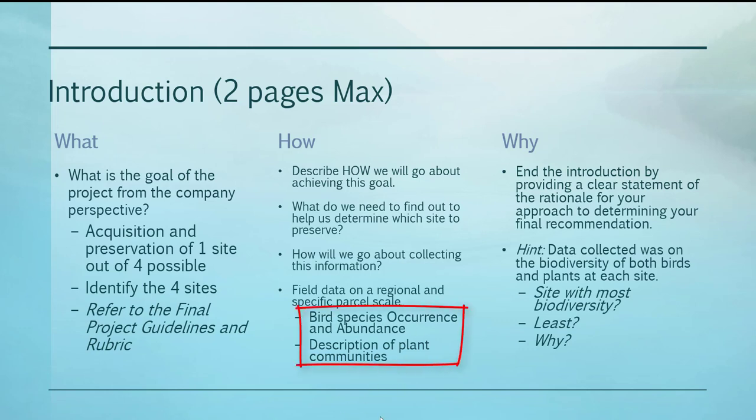So based on this information, what is the criteria you're going to look for in choosing a site? Will it be the site that has the most bird species? Will it be the site that has the most diversity in plants? Is it going to be the site that has the least number of both categories? Which site, or what criteria you're going to look for.